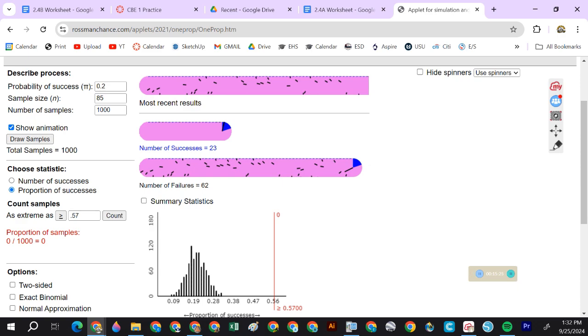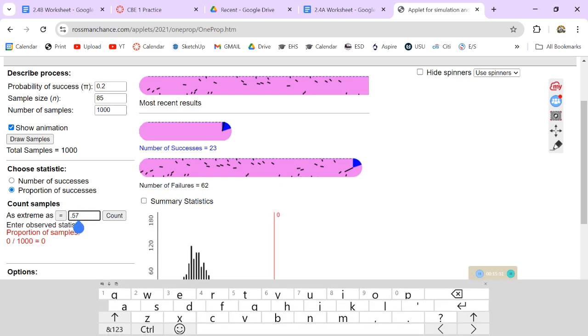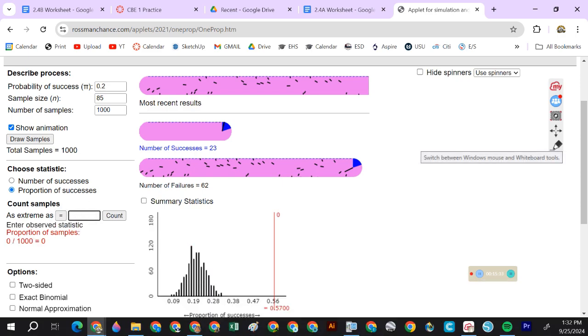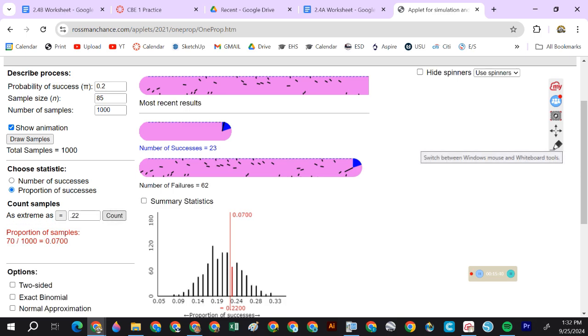Not equal to. Good. And then I'm going to put in 0.22. But I need to do a two-tailed test. I think I need to put greater than.